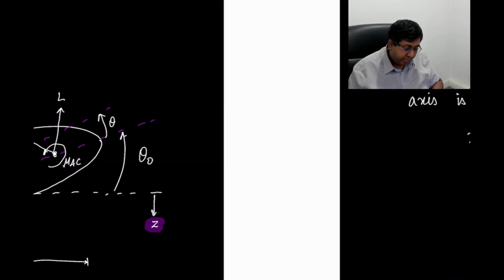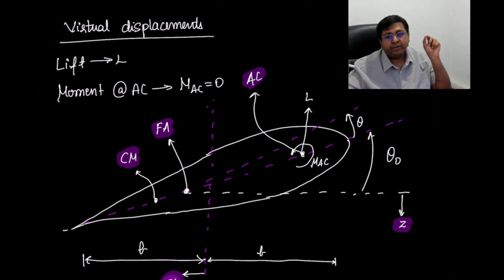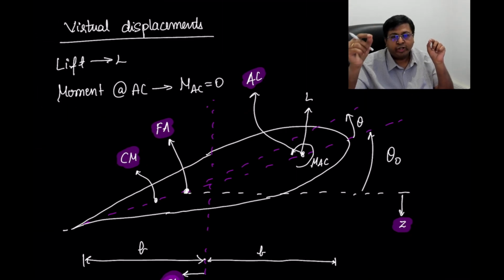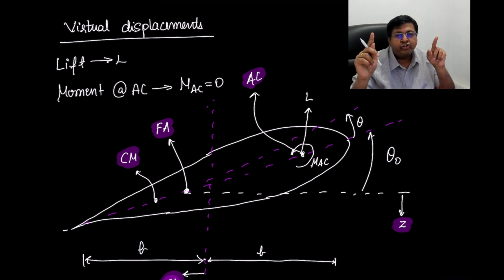If you remember from our picture, the flexural axis is behind. So if there's a small change in theta, then the net change in the height is nothing but E into theta, where E is the distance between the flexural axis and the aerodynamic center.